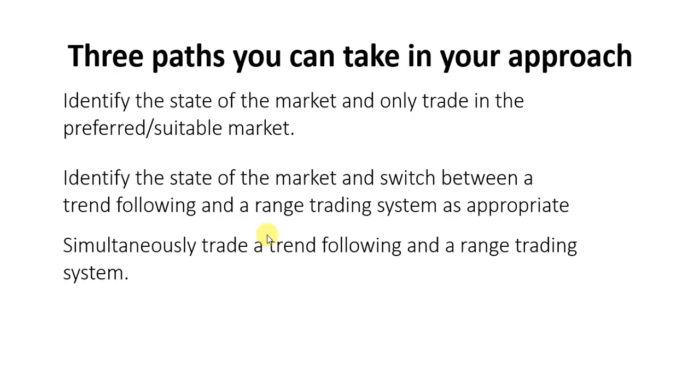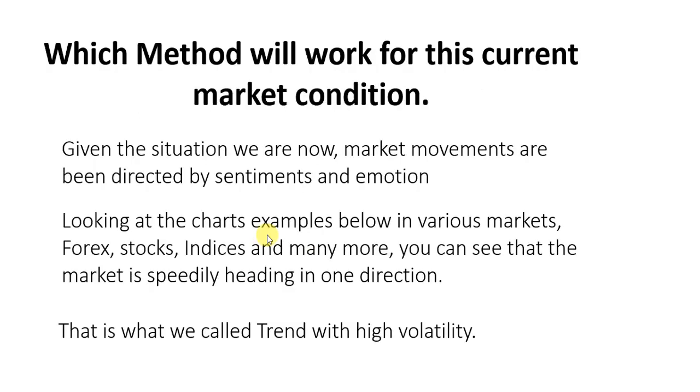Secondly, you can identify the state of the market but switch between a trend and a range trading system as appropriate. The third choice is you can simultaneously trade both methods, both trend and range methods at the same time. Okay? The question is, which method do I think will work for this environment, this market condition?